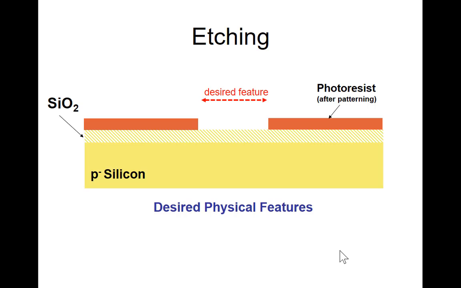In this case, this target area we want to expose to the etching acid, so we make the photoresist processed away. Now you dip it in the acid water, and it will etch away.